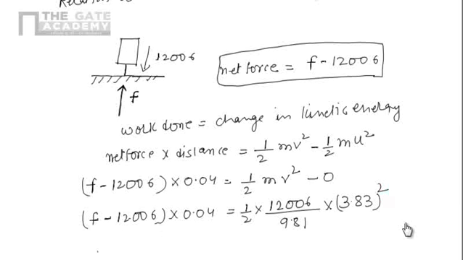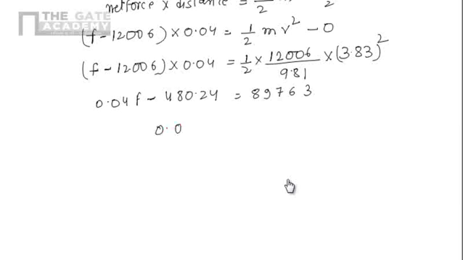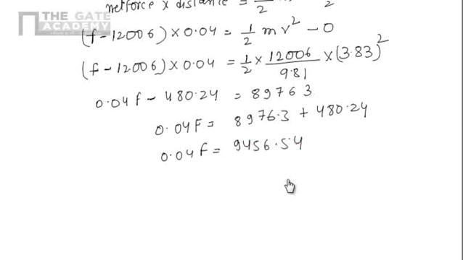So we will get 0.04 F minus 480.24 equals 8976.3. So 0.04 F equals 8976.3 plus 480.24. On further simplification, 0.04 F equals 9456.54.